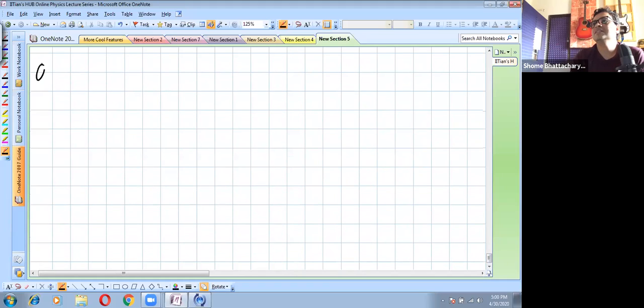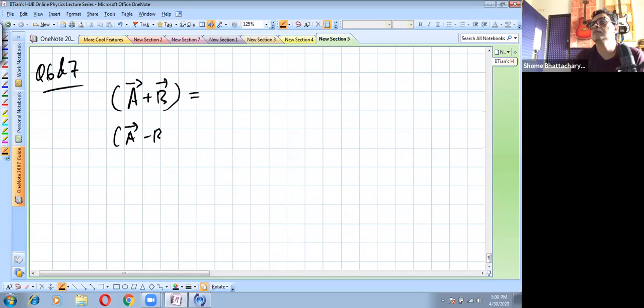Now for question 6 and question 7, this kind of data is given to you. The vector A plus B is given and the vector A minus B is given. From that we have to find the magnitude of vector A and the magnitude of vector B.